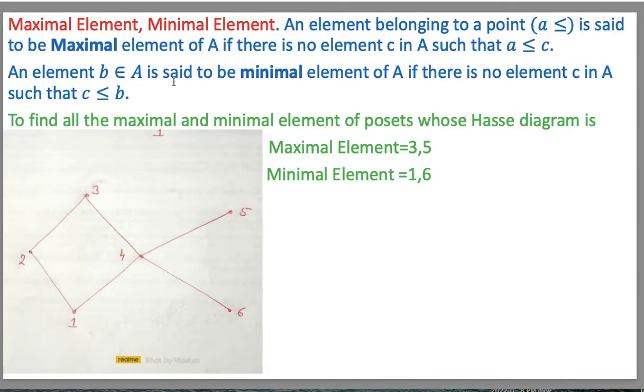An element B belonging to A is called the minimal element of A if there is no element C in A such that C is less than or equal to B. Now we will find the maximal and minimal elements of the poset whose Hasse diagram is given to us. Clearly, looking at the Hasse diagram, we see that 1 and 6 are the minimal elements and 3 and 5 are maximal elements.